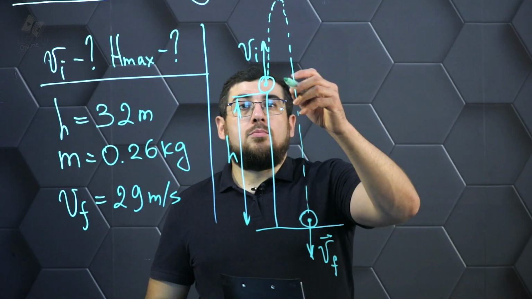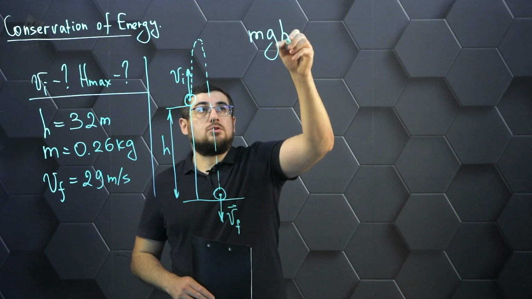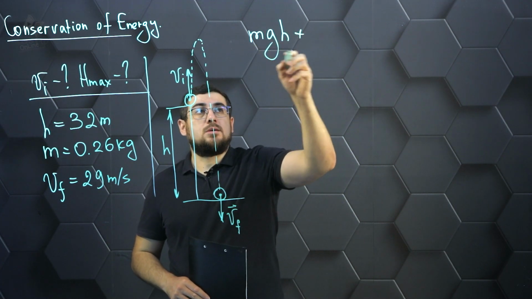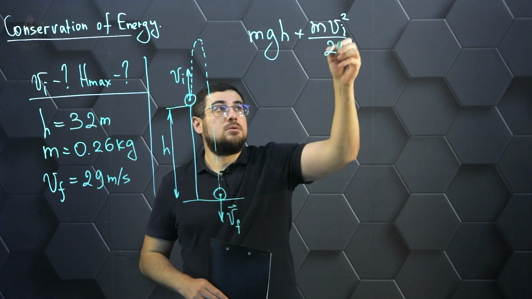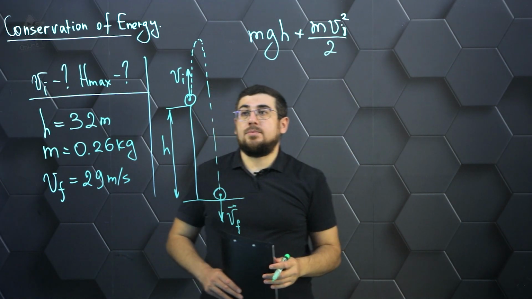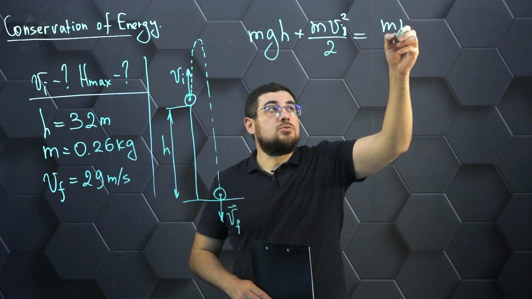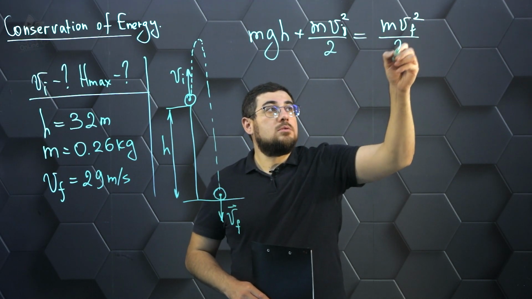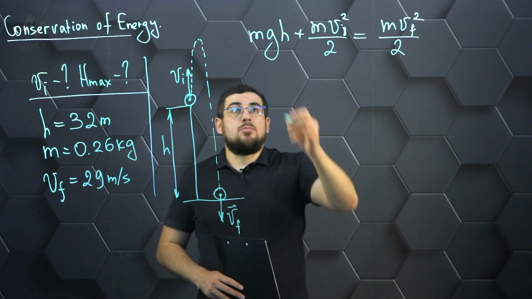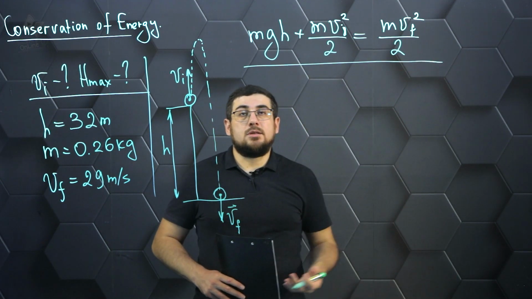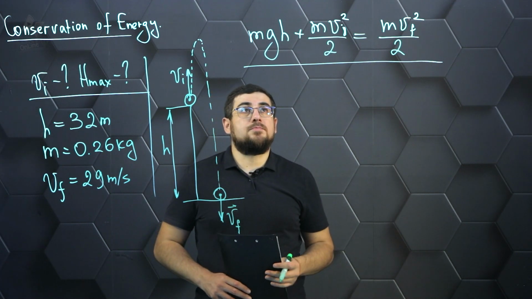Then we can say that the total energy at the initial moment of time was equal to the sum of two energies, its potential energy mgh and kinetic energy at the beginning mv squared over 2. In the end, we get only kinetic energy with the final velocity, and its potential energy will be 0. So we have obtained the record of the law of conservation of energy for the motion of the stone by relating the two points, initial and final.